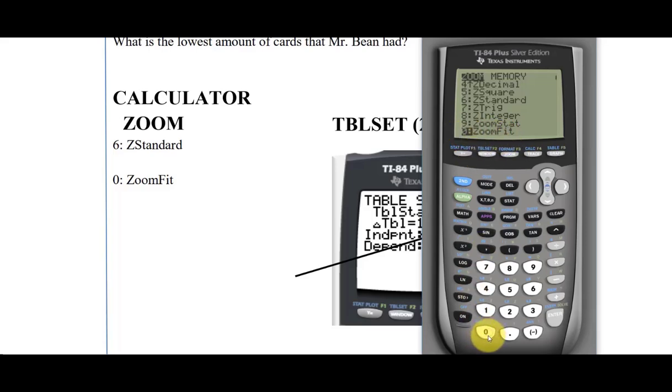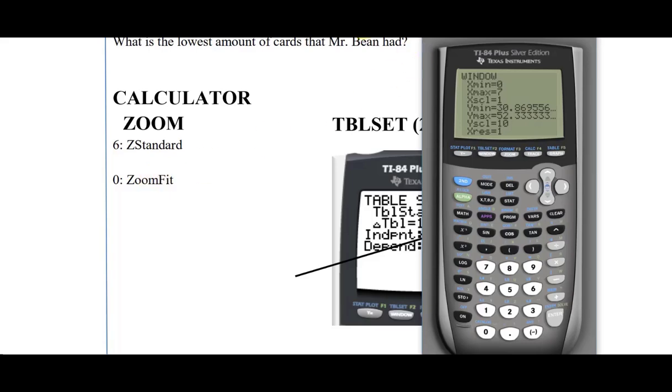I'm going to hit 0, and you see it makes my graph look pretty nice. But what it doesn't tell me is my window changes. My x's didn't really change, but my y's did. Instead of starting at 0 for my y min, it starts at 30 and then goes to 52. So you can see there's a big difference there.